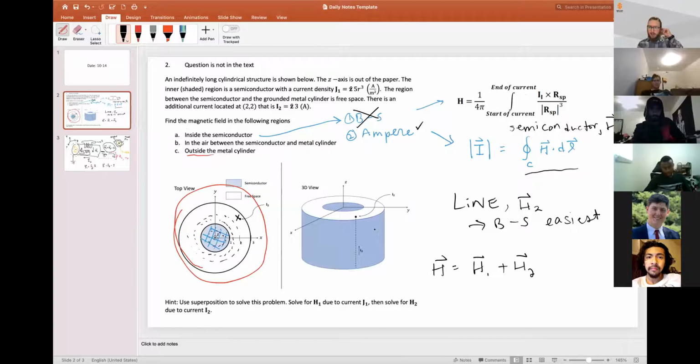And so when we ground the outer conductor, there's going to be a current on this outer sheath that is equal in magnitude to I1 plus I2, but in the opposite direction. So outside of the metal cylinder, there is no magnetic field.